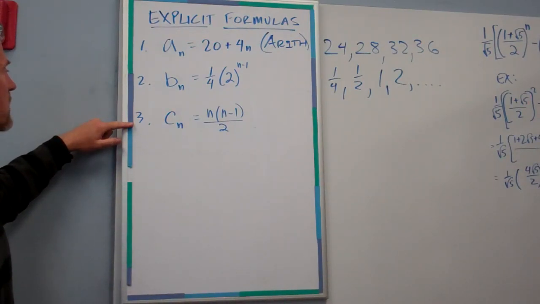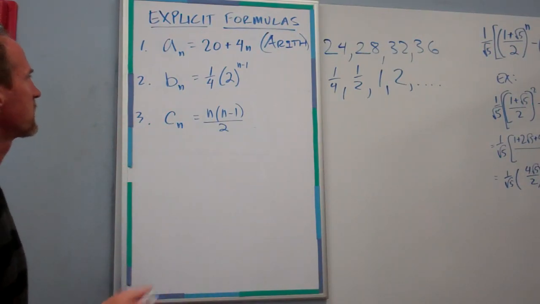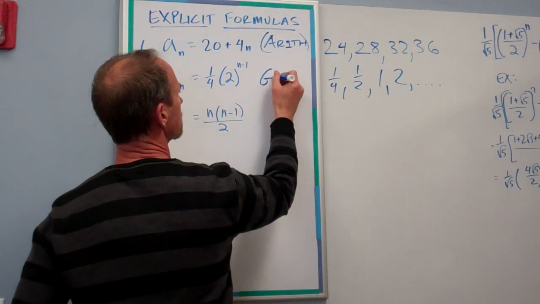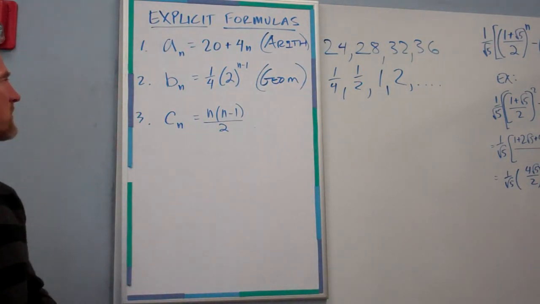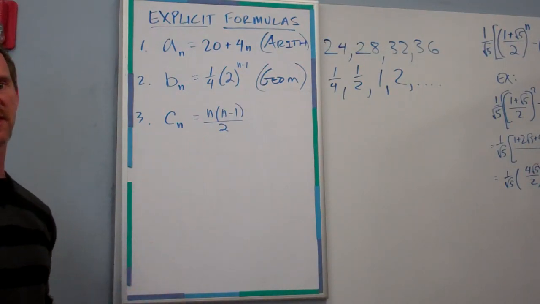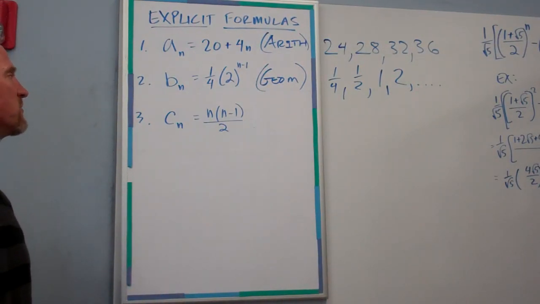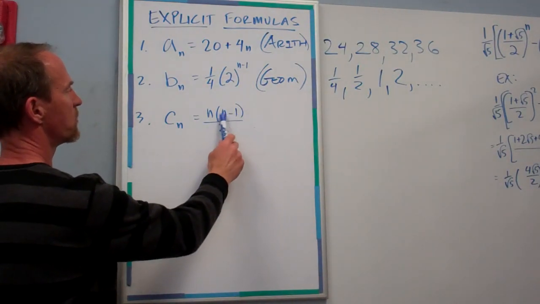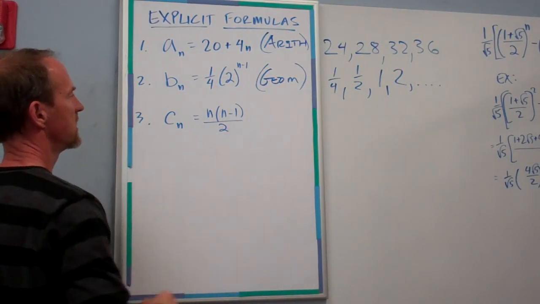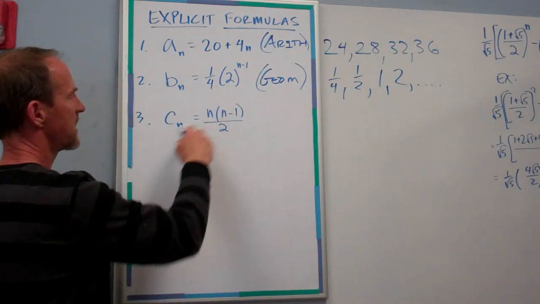For the third pattern here, this is a bit of a hybrid. It's actually called a figure number pattern, but we'll see why maybe in a minute. If I plug in 1, 1 minus 1 is 0. 0 times n, or 1 times 0, is 0.